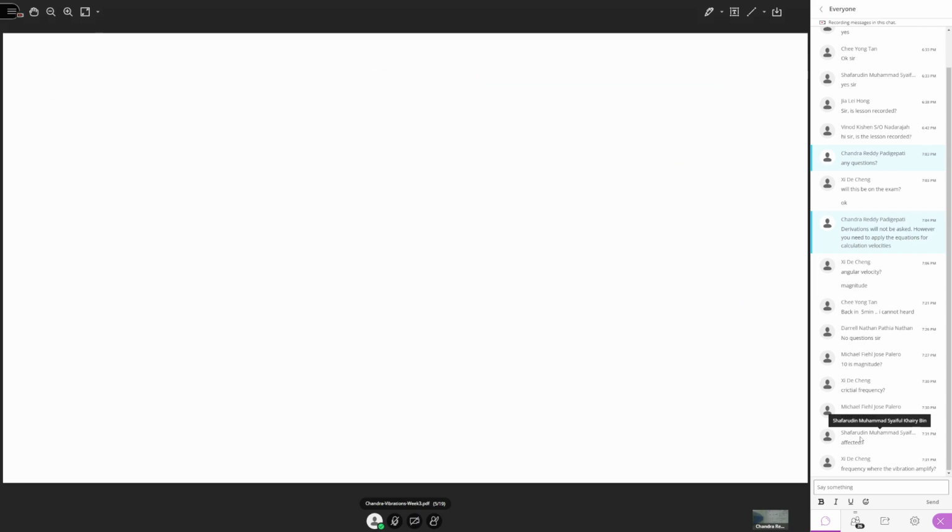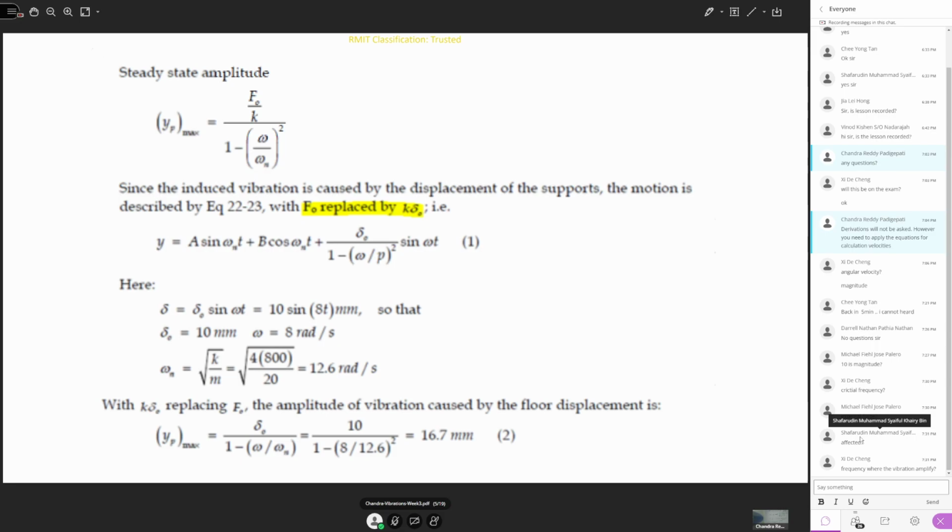All right, so now we can write, we know the steady state amplitude for this. From the response we can write the YP maximum. This is the particular solution. The particular solution refers to the steady state.